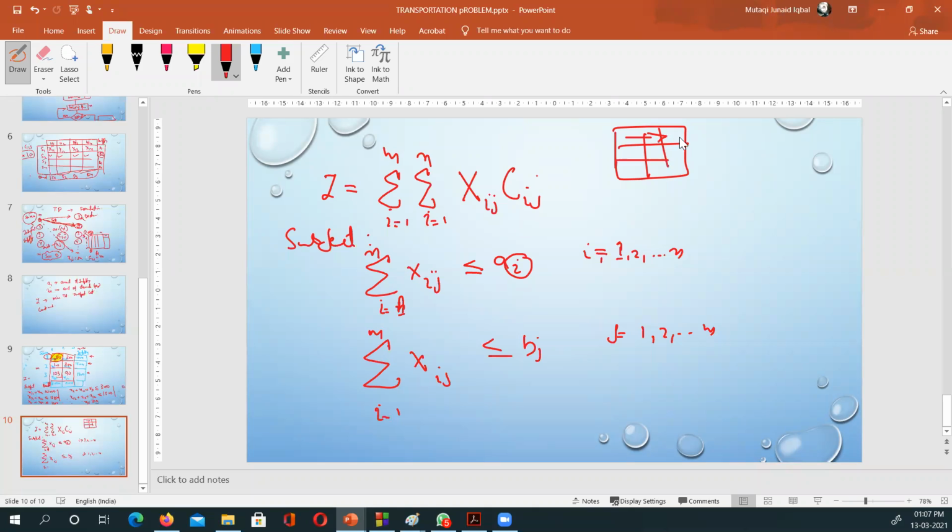You are adding this way. This is my a of i, and these are the j's. This is the b of j, this one, this one, the demand. So in short, I could write it this way. And the last thing I say, x of ij should be greater than or equal to 0 for all i, j. So in totality, I will write it like this.